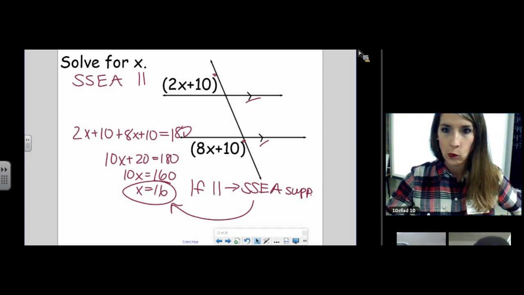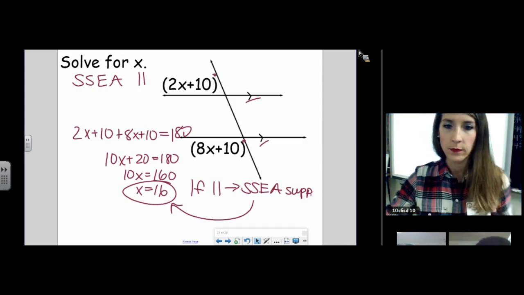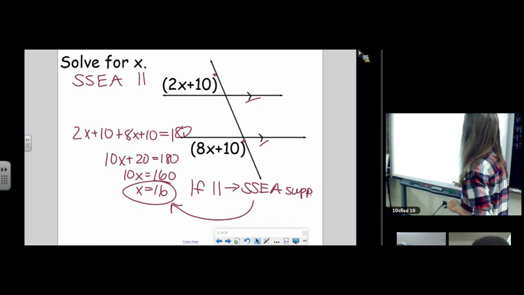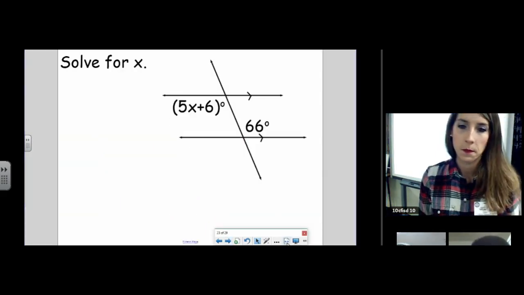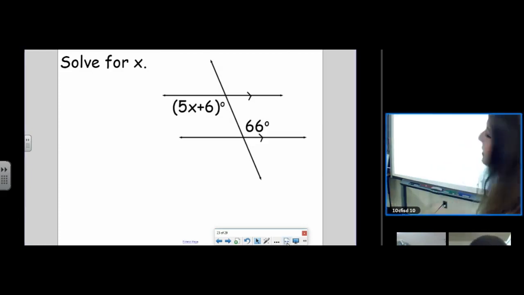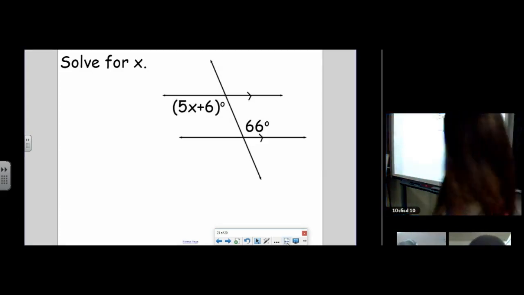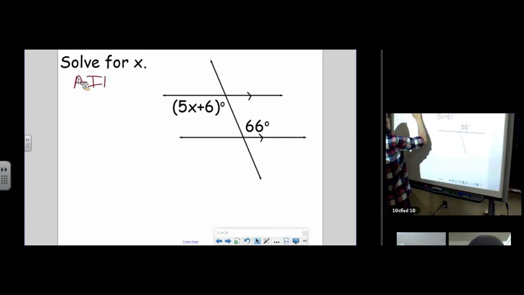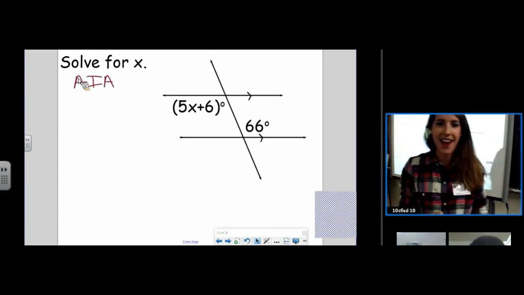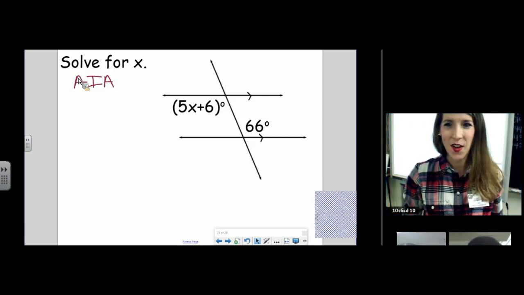Okay? Moving on. Try another one. Super simple, just getting you used to it. What did Ms. Tanton say? Step 1, identify the angles. Alternate interior angles. No, they're alternate interior.